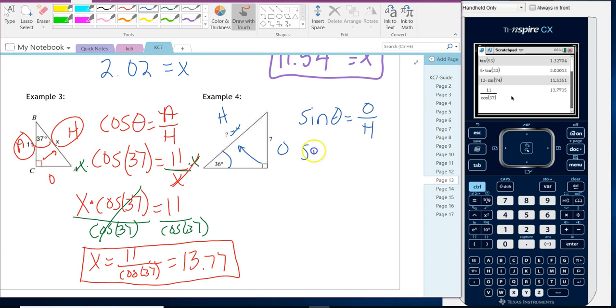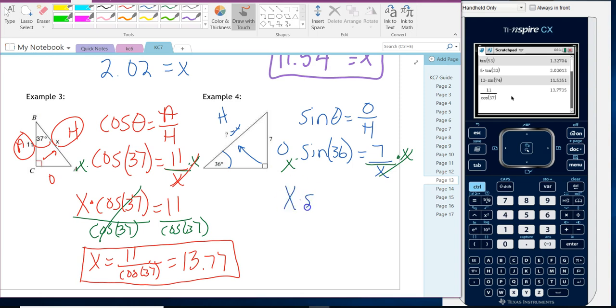So sine of 36 is going to equal opposite, which is 7. Our hypotenuse is x. I want to solve for x, so again, doing the opposite operation. This is dividing by x, the opposite would be multiply by x. Whatever you do to one side, you have to do to the other side.